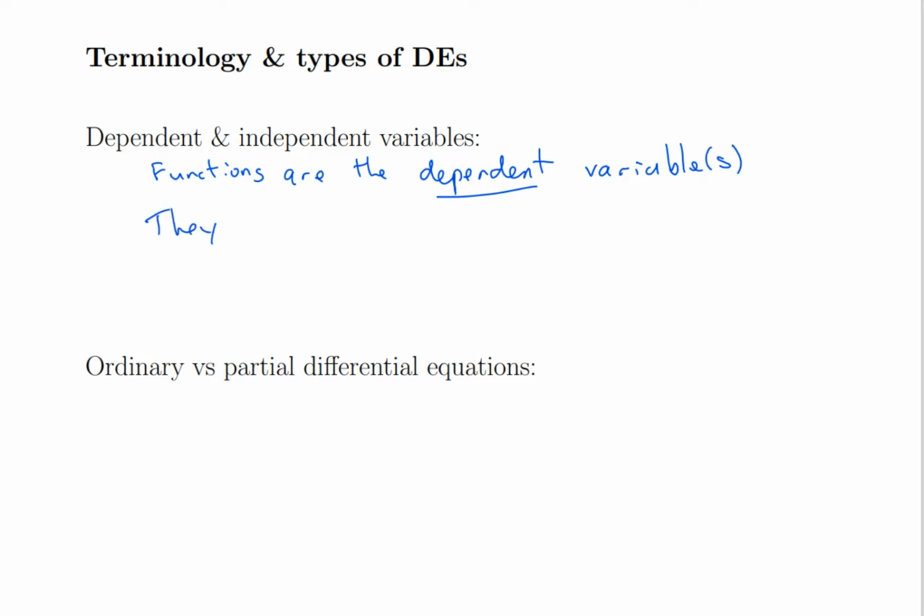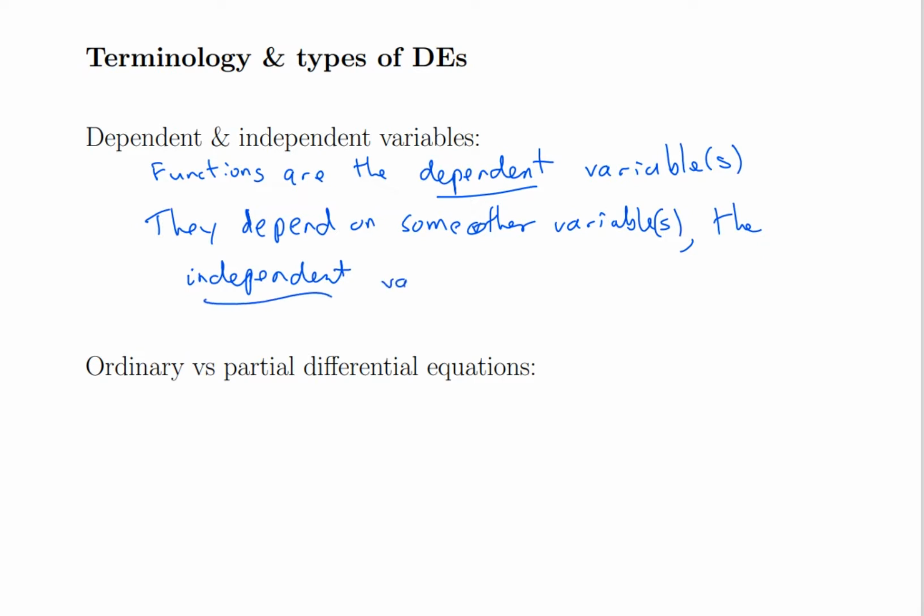And they depend on some other variables that are the independent variables, maybe one or more than one. So the variables in different types of equations might have different names depending on what they're representing. Every time you see a differential equation, you want to be asking yourself and make sure you understand which is the dependent variable and which is the independent variable.